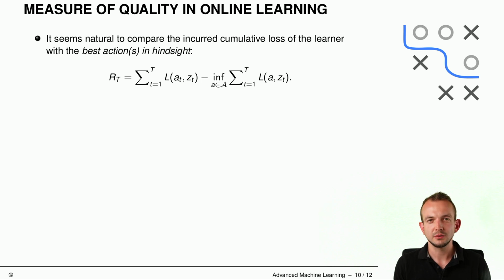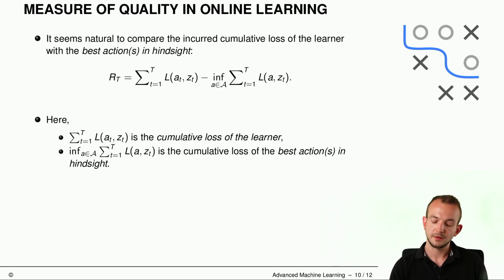And if we compare this cumulative loss with the cumulative loss of the learner, we would end up with a suitable measure for the quality.